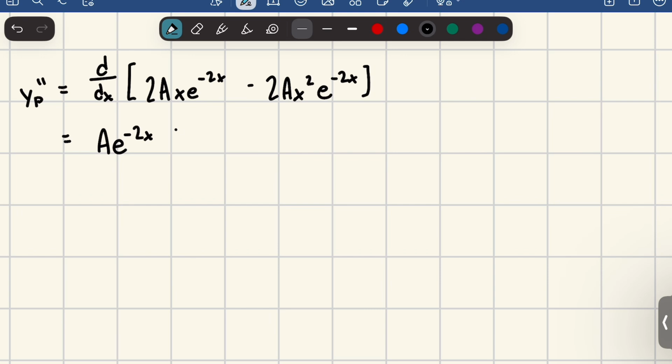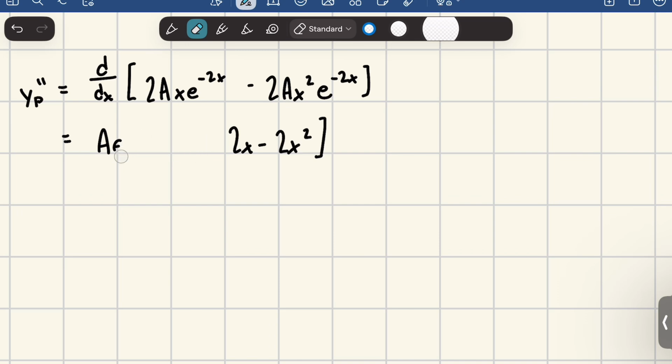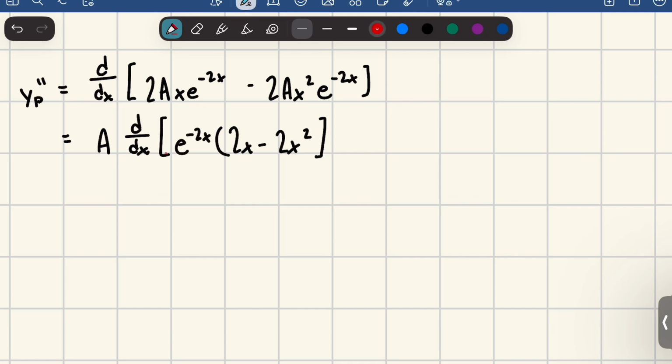These are pretty much constants, so I can factor those out. Actually, I feel like I can take out the a, but I don't know if I can actually take out the e. Yeah, I'm pretty sure this is how it's going to go.